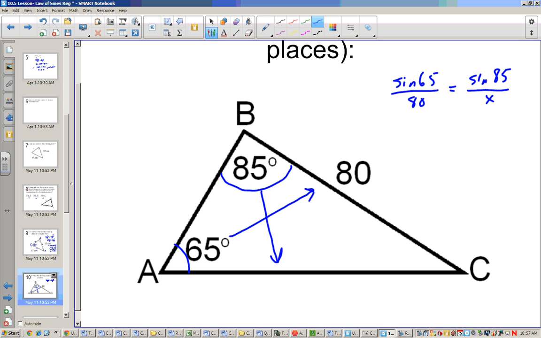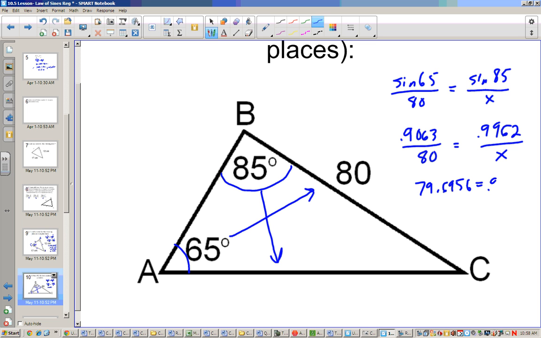Now, I take the sine of 65 and the sine of 85, and I have sine of 65 is 0.9063. Sine of 85 is 0.9962. And now I just cross multiply and divide. I'm going to multiply that by 80 to get 79.6956.